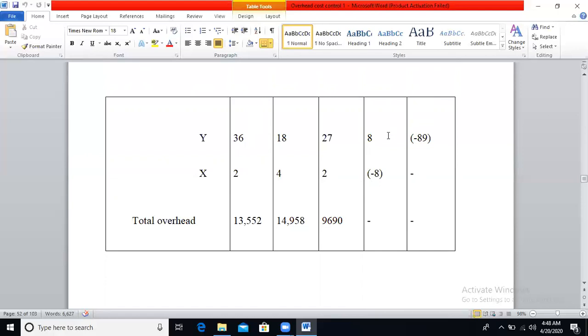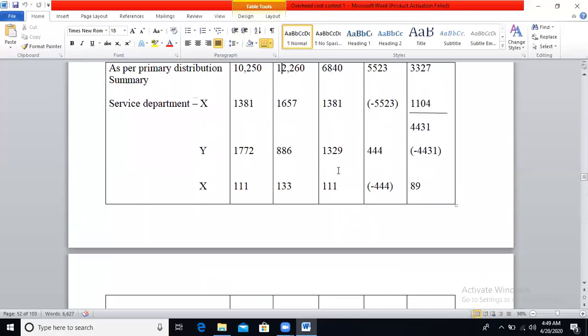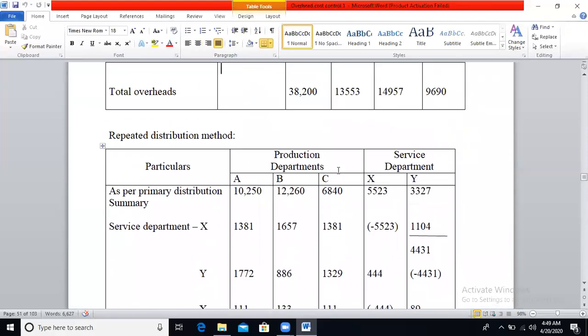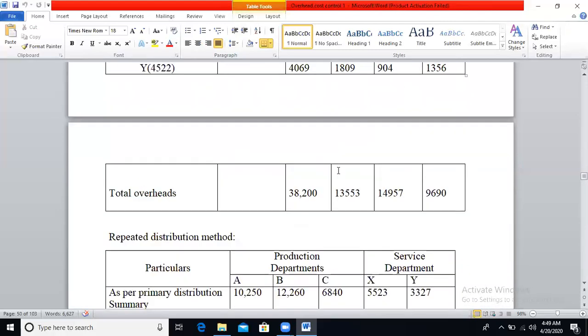So I told you, if you get a single digit value, you can reapportion that directly to the production departments, so that there you can stop the repeated distribution method. If you continued, you will get point something values. So repeated distribution method means repeatedly you are reapportioning the service department expenses.